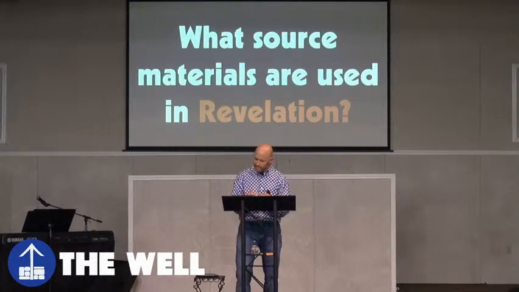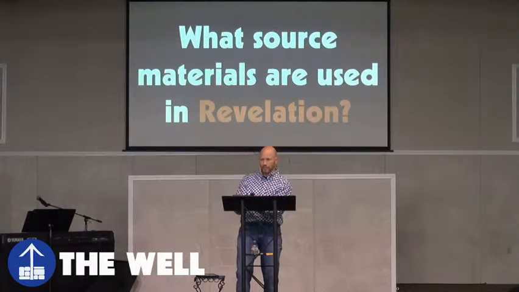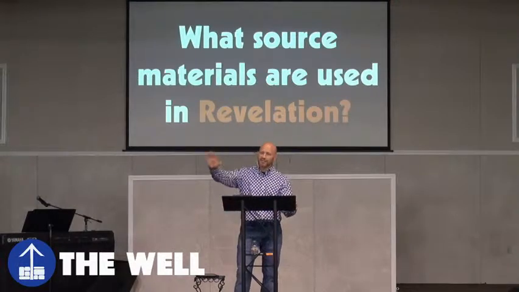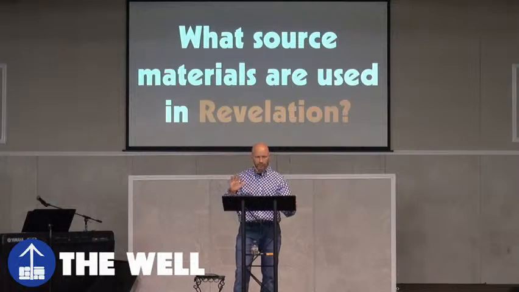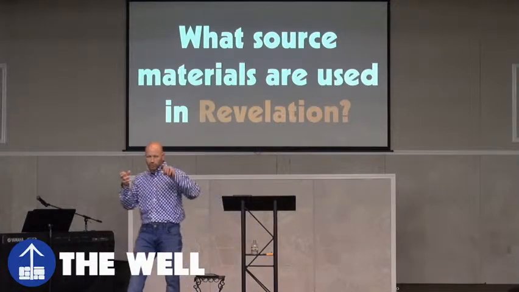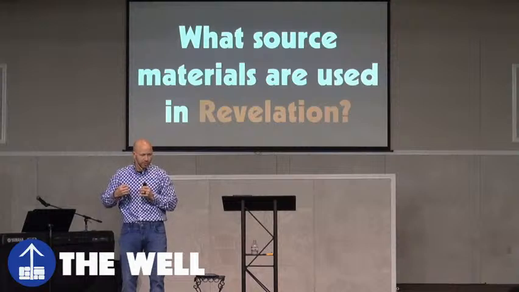But he takes and he repurposes and he reinterprets and reapplies them for his own purposes in relation to the churches that he is writing to. But at the same time, and this is brilliant, he preserves a linked analogical value to the context and the stories that he draws his allusions from.